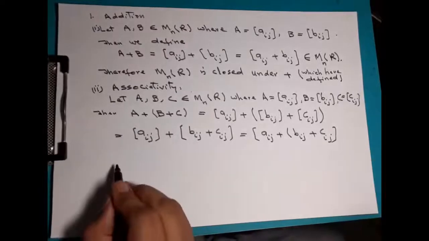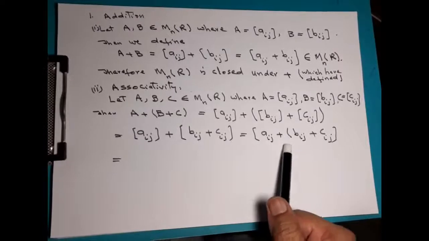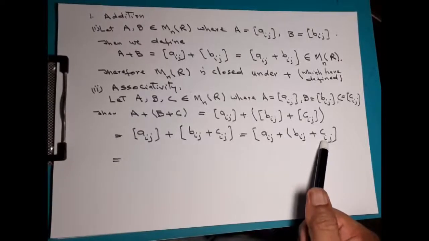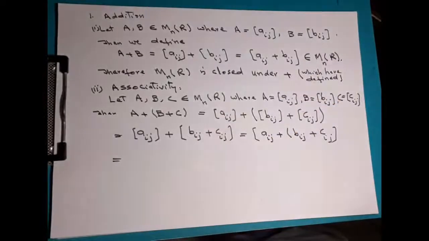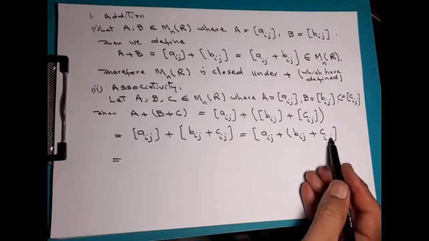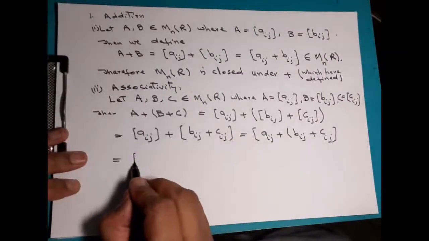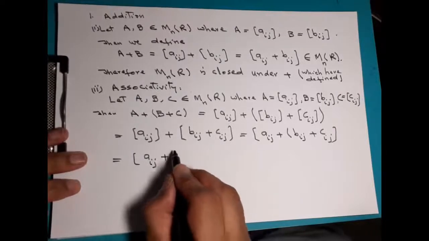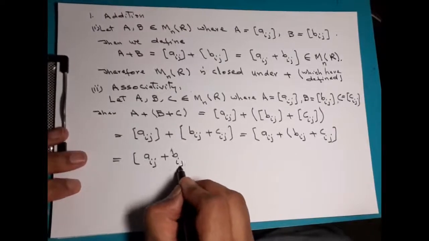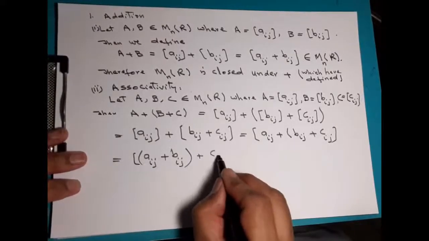And this is equal to, now since a_ij, b_ij, c_ij are entries from a ring R, and addition is associative in every ring, therefore we can use the associative law of addition. So this is equal to (a_ij plus b_ij), associative law, and then plus c_ij.